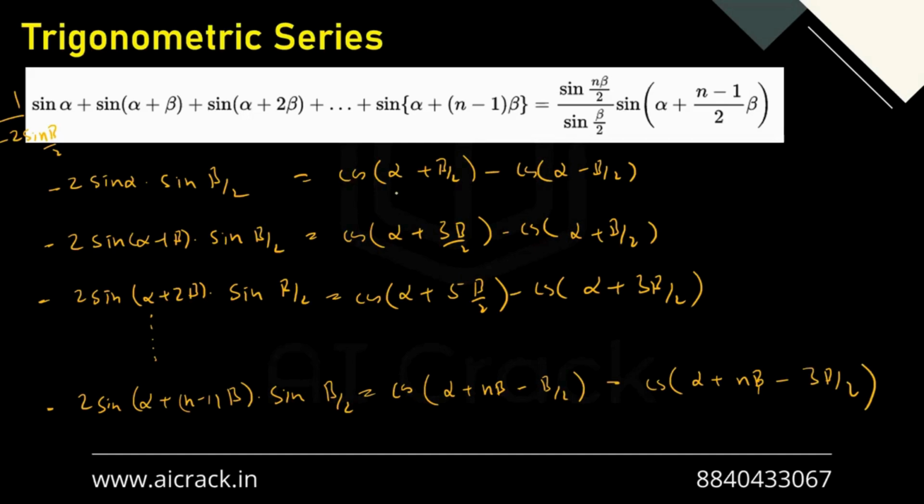Now we can see that these diagonal terms are getting cancelled out, right? So in the end, we are left with just this term and this term, these two terms only.